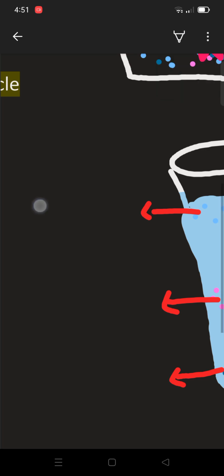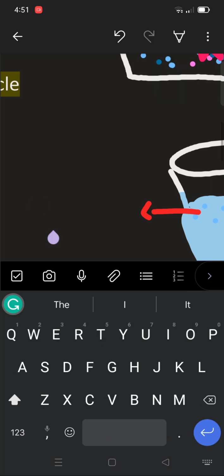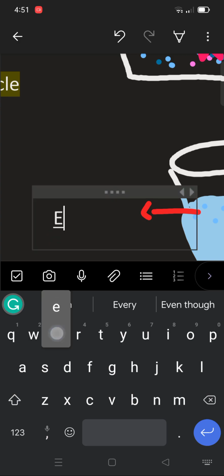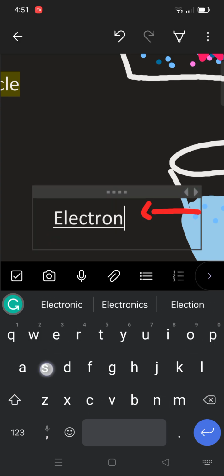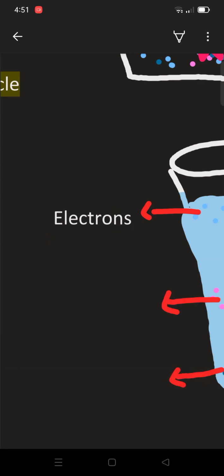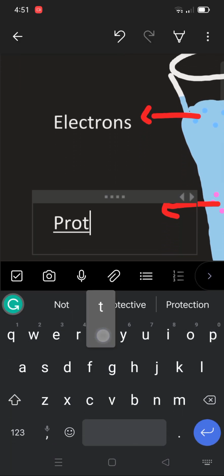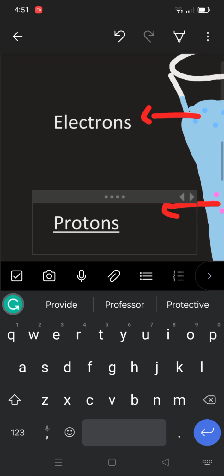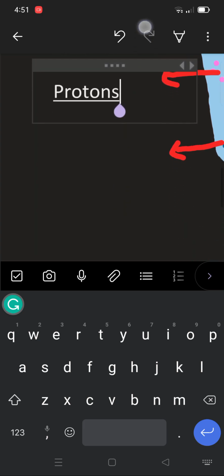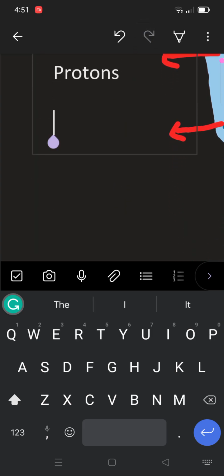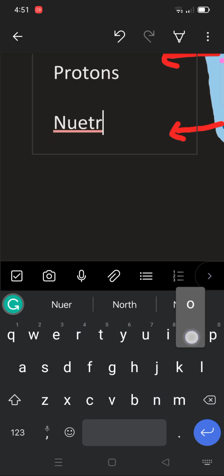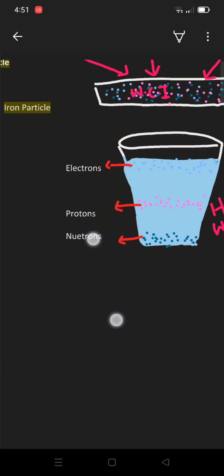Let's write this here. Wood particles means electrons. Concrete particles, which means protons. Last but not the least is what? Neutrons. The iron particles.